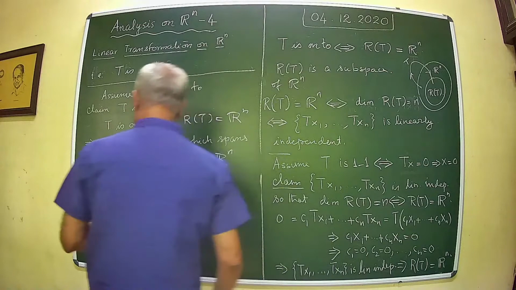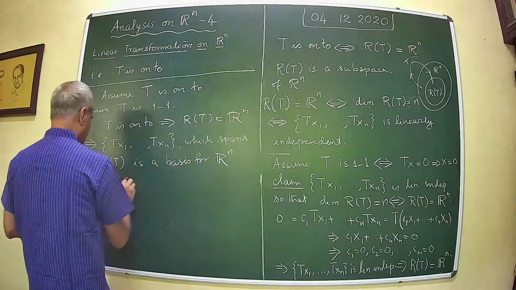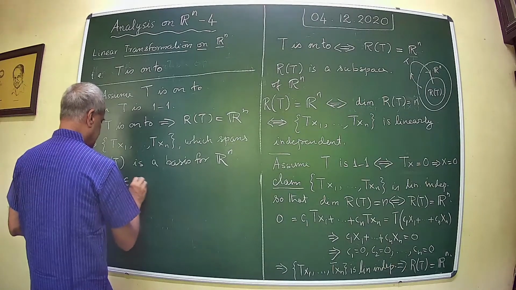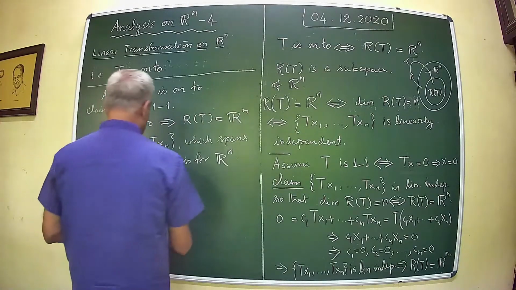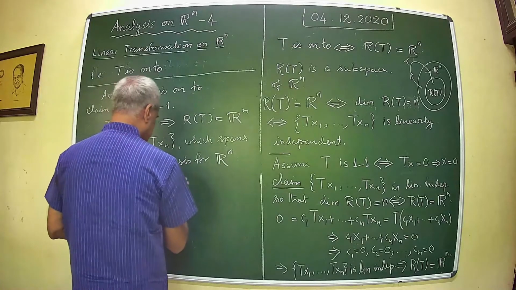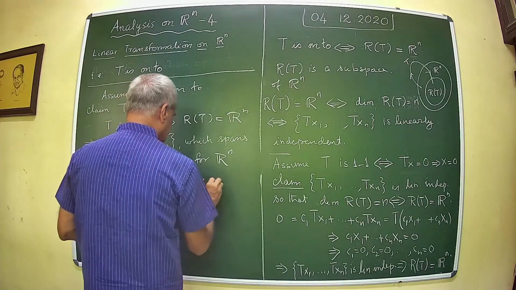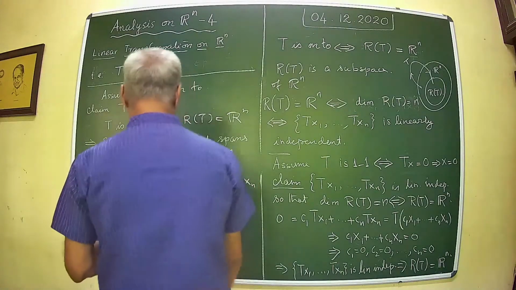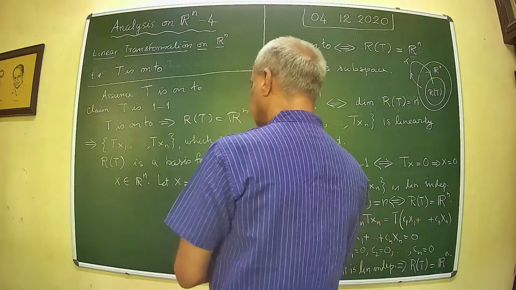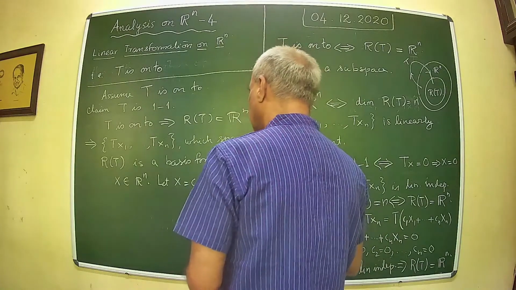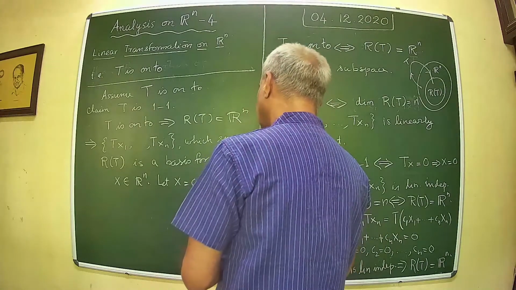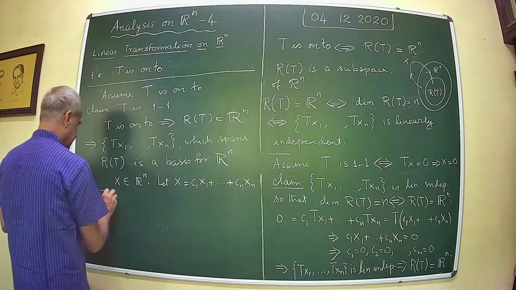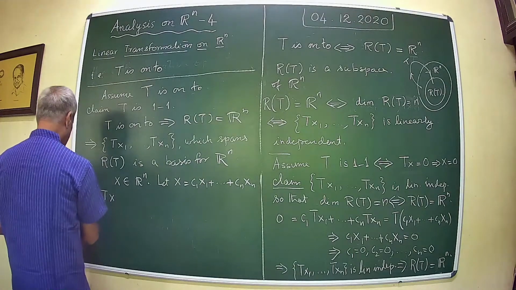Now you take X belonging to Rn. Let X be equal to C1 X1 plus and so on. Now we want to prove that Tx equal to 0 implies X equal to 0. So what about Tx?